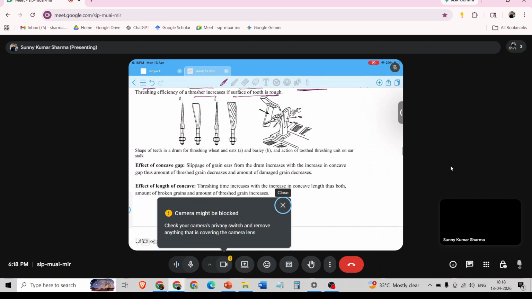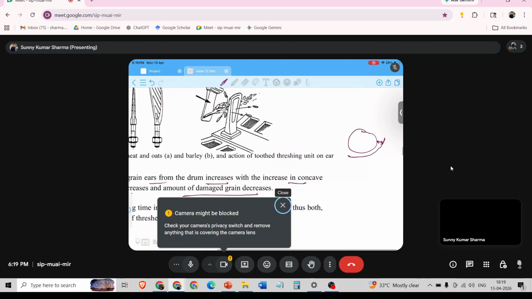Next thing is effect of concave gap. Slippage of the grain ears from the drum increases with the increase in concave gap. So what will happen? Amount of threshed grain will decrease and amount of damaged grain will also decrease. This is the cylinder, suppose this is its concave.